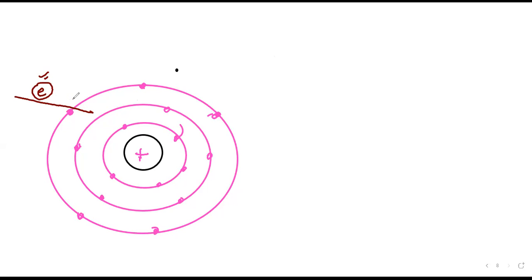Assume that it is not striking any inner electron of any atom. Then, let's say it is entering with a speed of v1. It will try to enter here, but due to repulsion it will be diverted to some other angle. So it will emerge out with a speed of v2. This is one possibility, right?